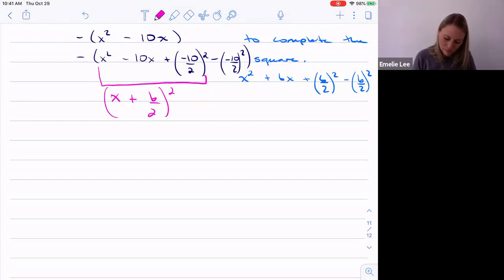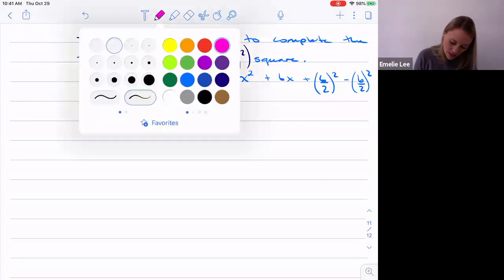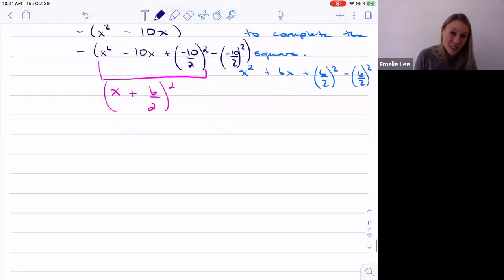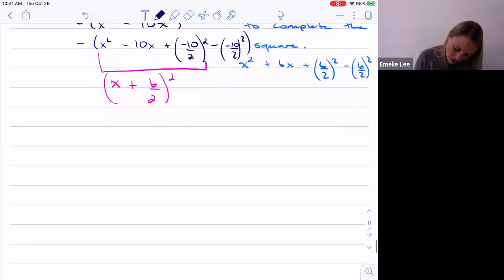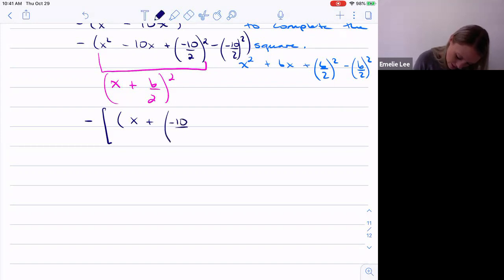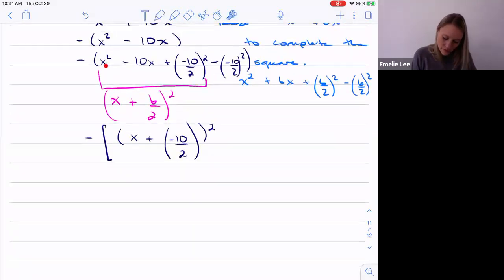What we have in our case, b is negative 10, so we have to be careful. We have that negative hanging out still outside, and then we've got x plus negative 10 divided by 2 squared. Okay. So I've replaced this with this perfect square.